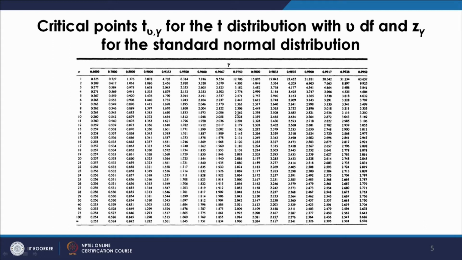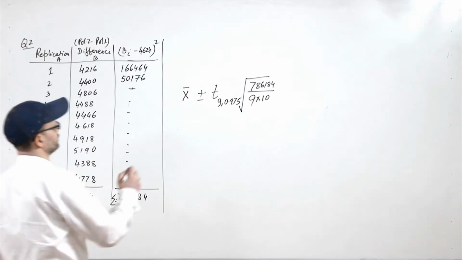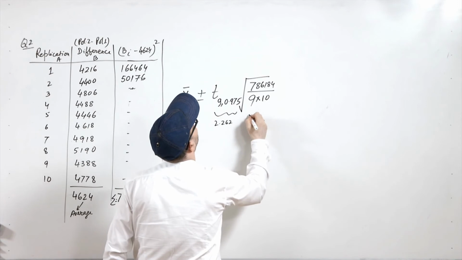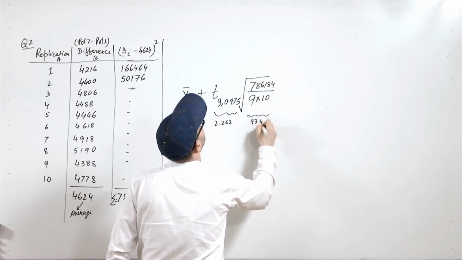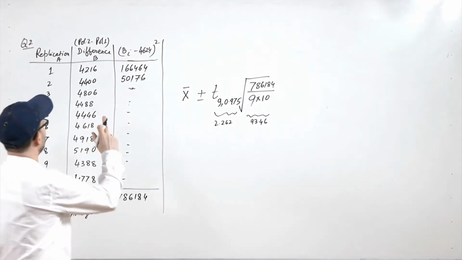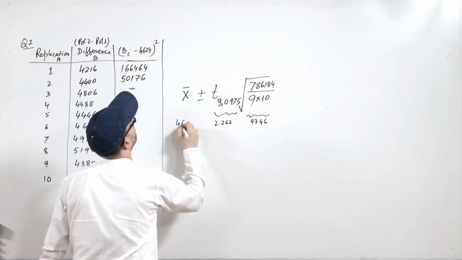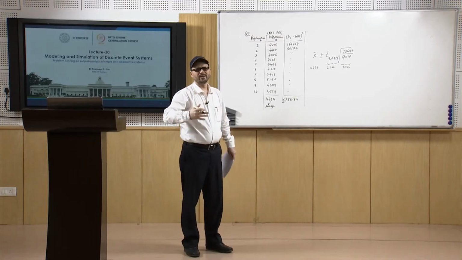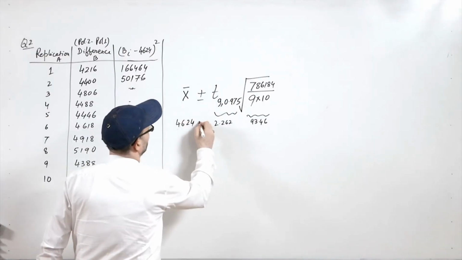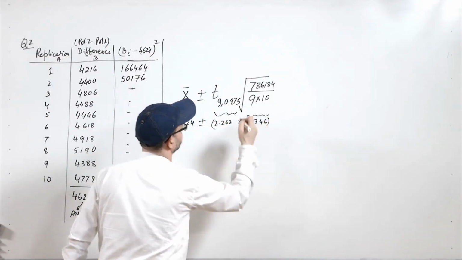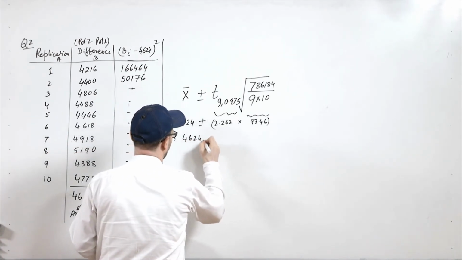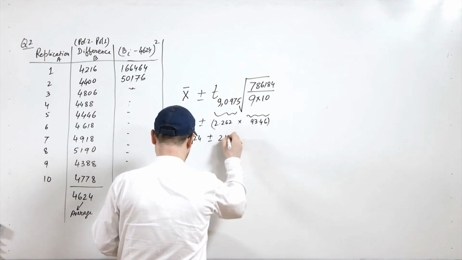So this value is 2.262 and this will be 93.46. And x bar, anyway, you know as 4624. So this 4624 will be plus minus this multiplied by this, and that comes out to be 211. So 4624 plus minus 211.